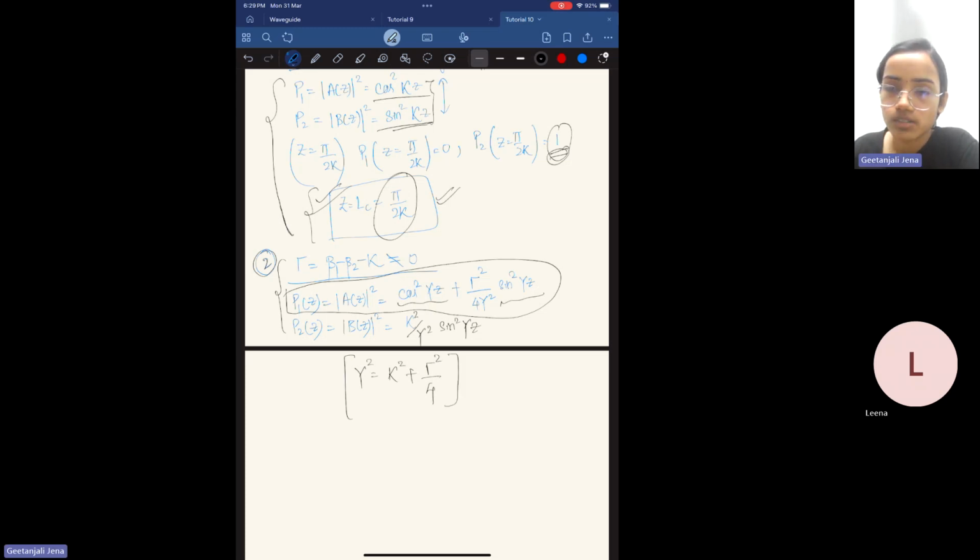You can use this when gamma is not equal to 0. So let us see what we have for the given question.